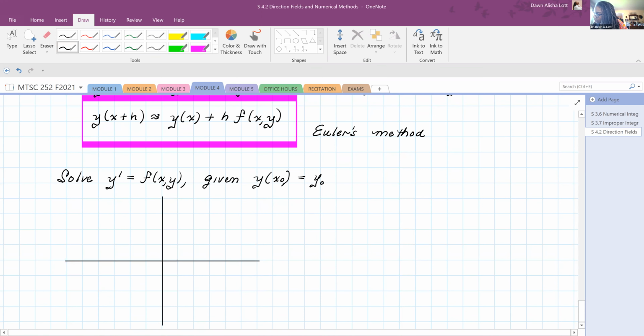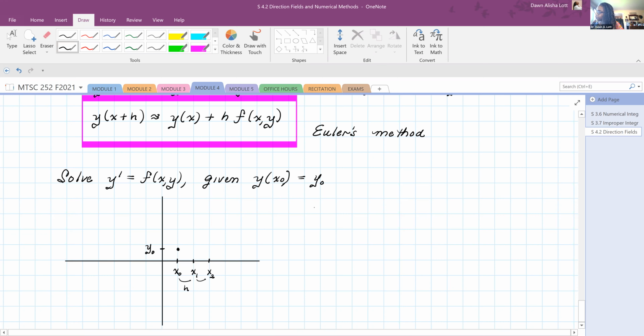Here is, let's say, x naught. Here is x1. The difference between these two is h. Here is x2. The difference between these two is h. So I'm going to let the difference between any two x's be h. And I know this is the value y naught right here. So I know y of x naught is equal to y naught.